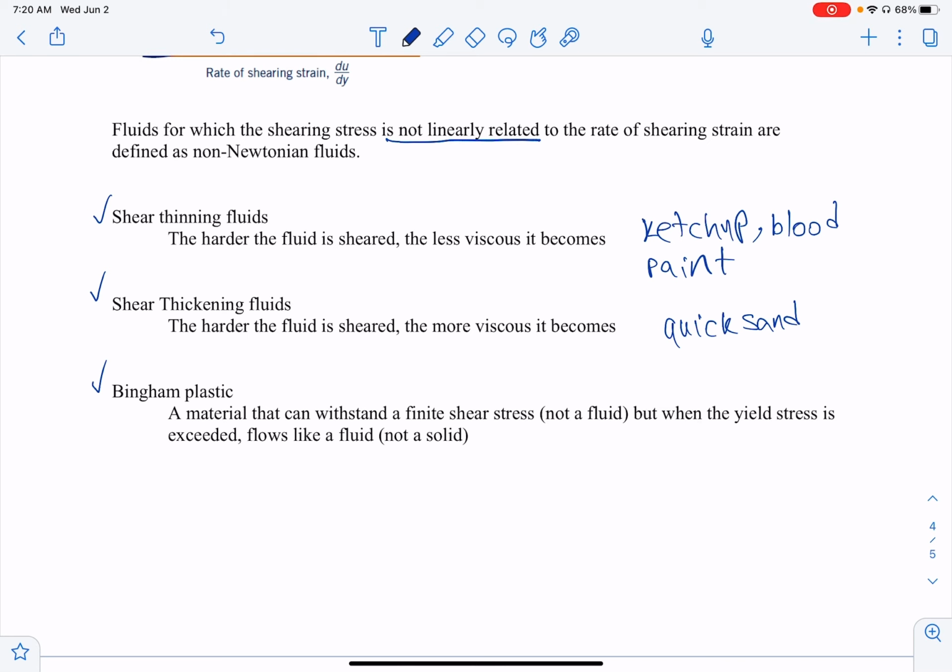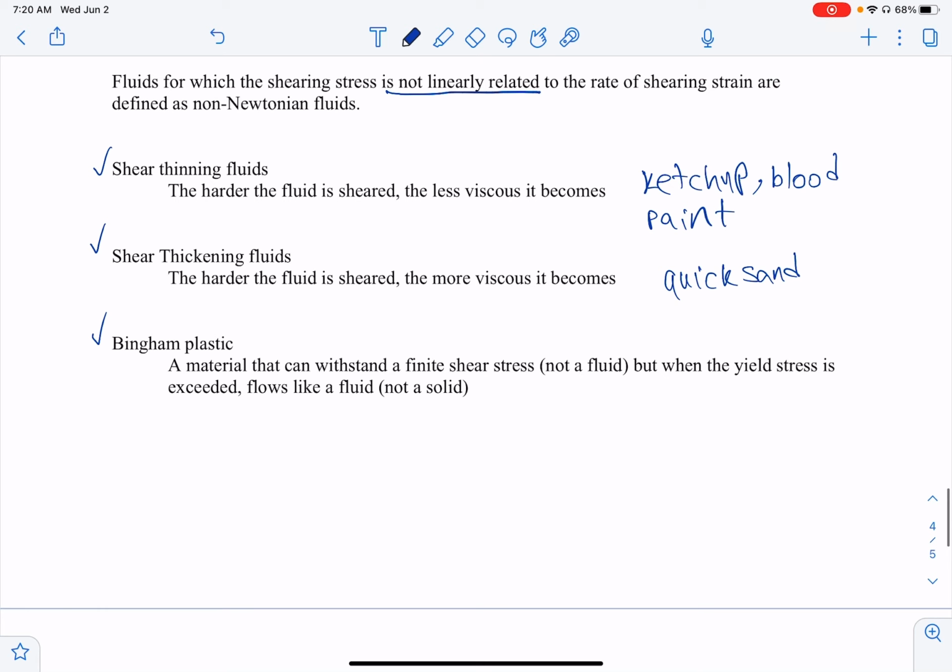Another kind of non-Newtonian fluid is the Bingham plastic.